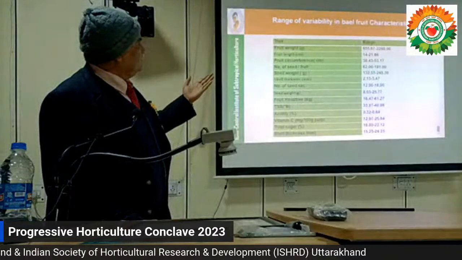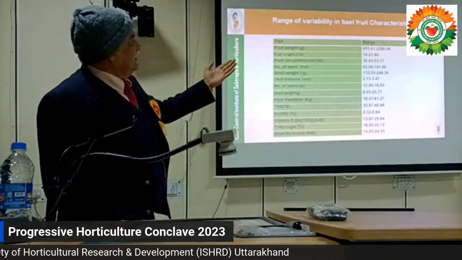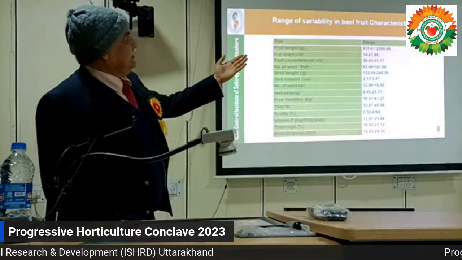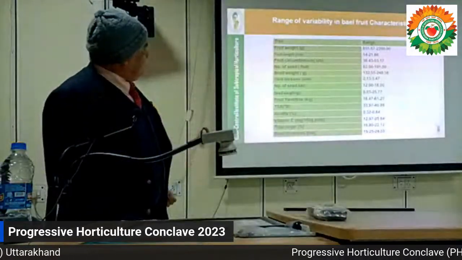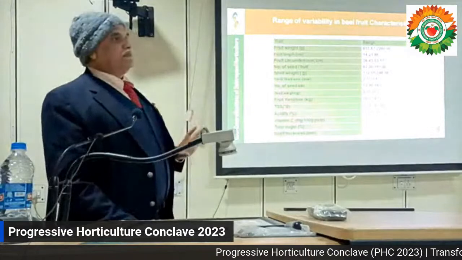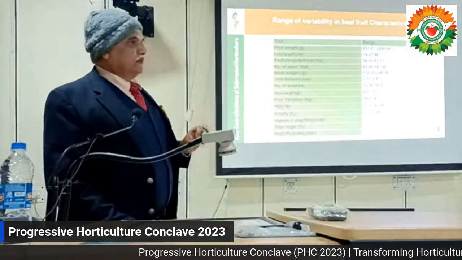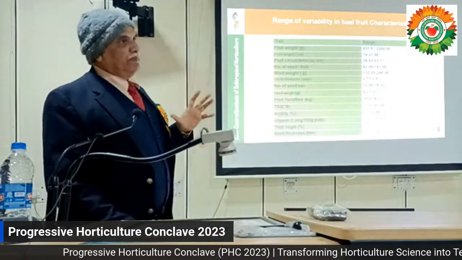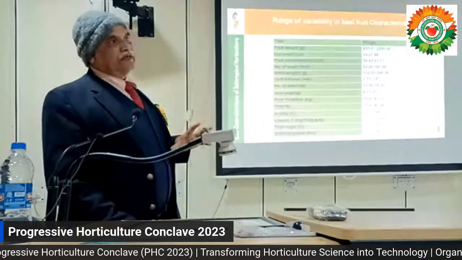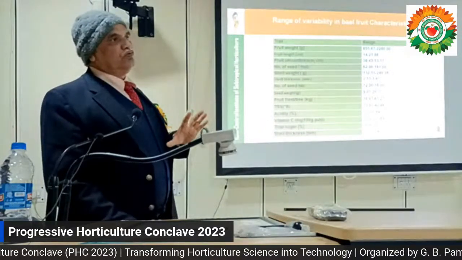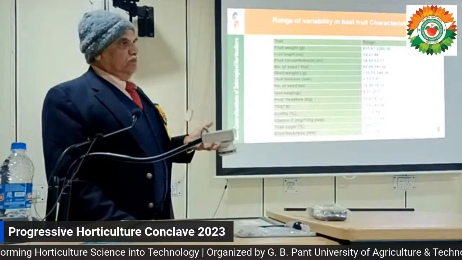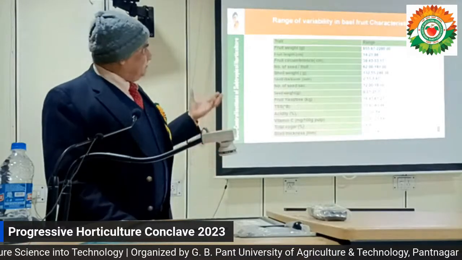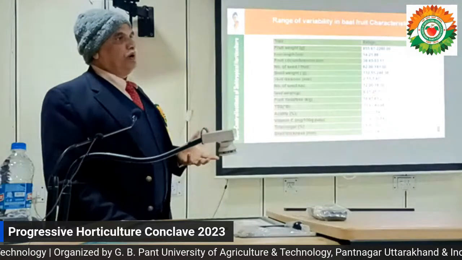You see the fruit weight varies from nearly 900 grams to 2.28 kg. In bael, we mainly consider three things while characterizing the germplasm: the fruit shape, size, and the weight of the fruit. Generally, we prefer 1 kg to 1.5 kg fruit, because bael is generally used for making sharbat, and bigger fruit size has its own problems.